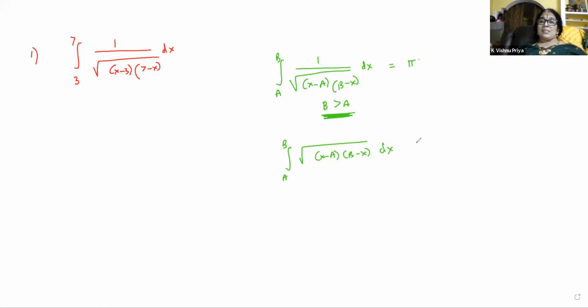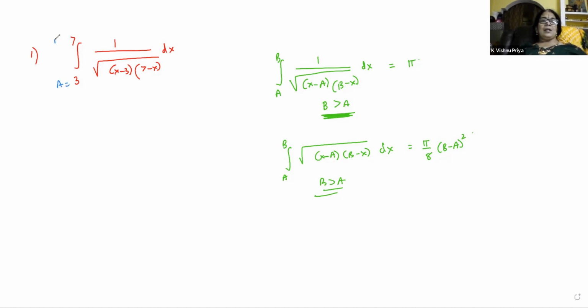In such a case, the formula is slightly difficult: pi by 8 into (b minus a) whole square. Here also b is greater than a, remember that. So, two shortcut formulas.